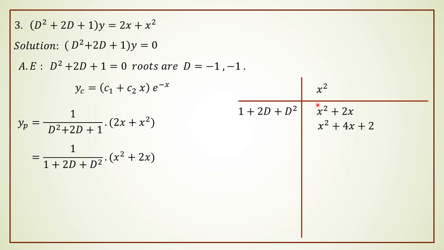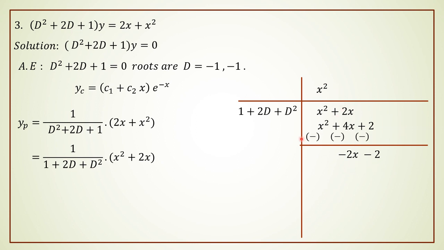So 2 into 2x, that is 4x, plus d square of x square. What is d square of x square? The first differentiation of x square is 2x and the second differentiation is 2. Okay. Now change the sign so that you are going to get the term as minus 2x minus 2.